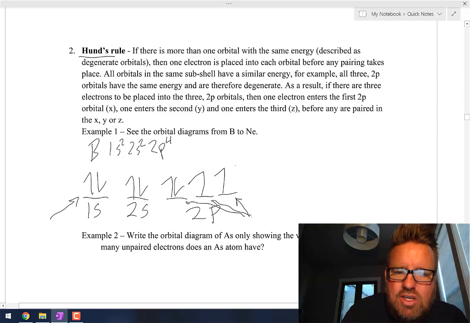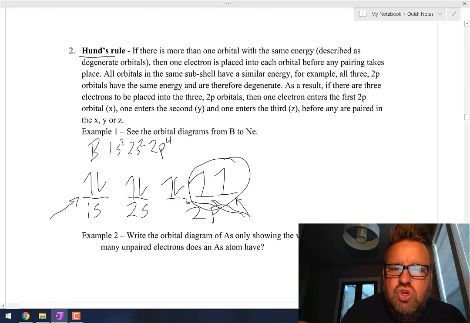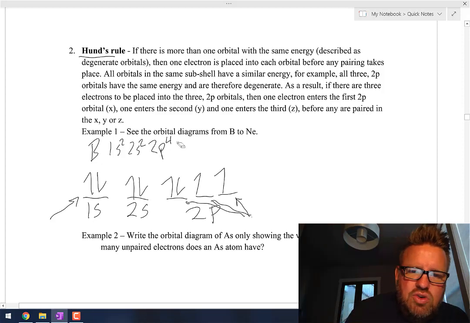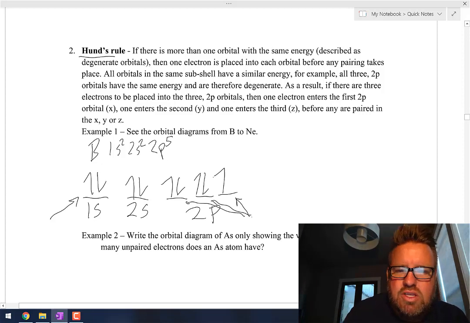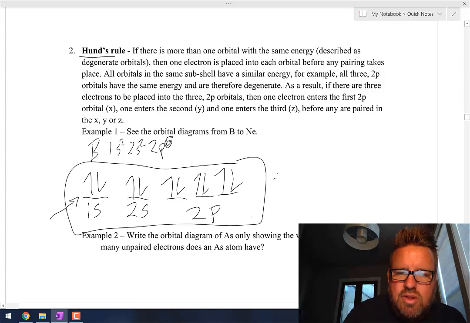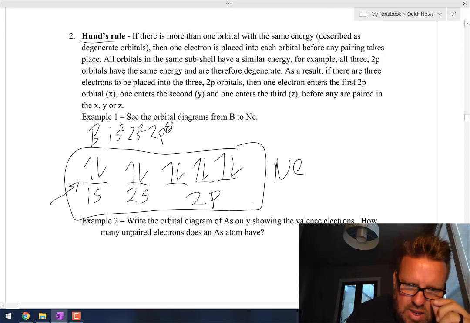And so oxygen, as you can see, has 2 unpaired electrons, where nitrogen had 3 unpaired electrons. Fluorine, which is 2p5, looks like this, only has 1 unpaired electron right there. And then we get all the way to neon. Neon has 6, and you can see all of those orbitals are completely filled there with neon.